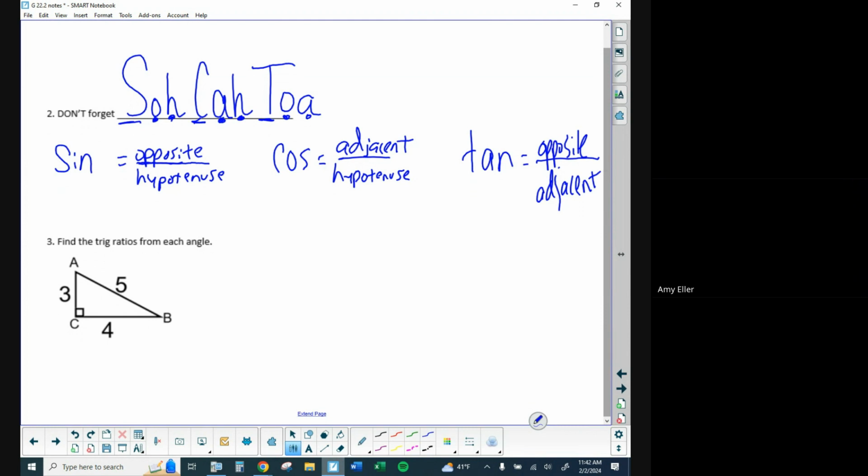SOHCAHTOA. Number 3, find the trig ratios from each angle. We're going to do it together. So I want you to write sine, cosine, tan.